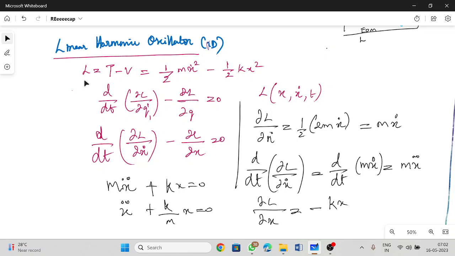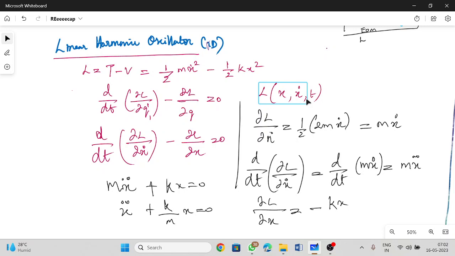In general, we write it as half m v square, but instead of v, I will be writing x dot, and minus half k x square, which is the potential energy for a spring mass system. Here we have a generalized coordinate x and generalized velocity x dot only.